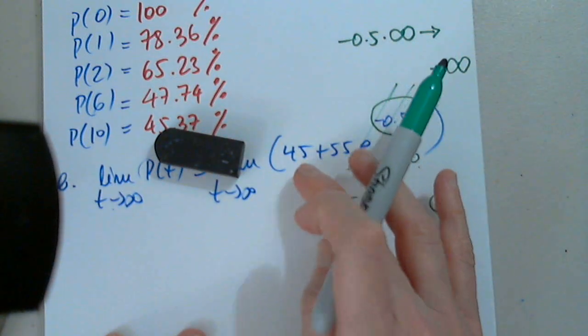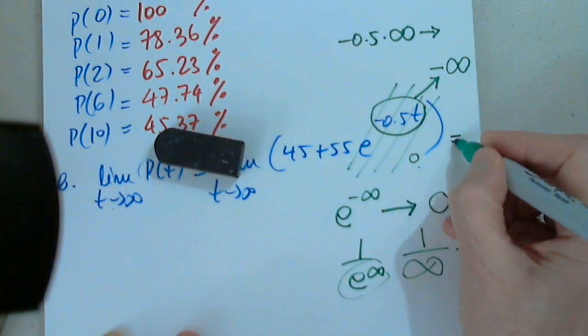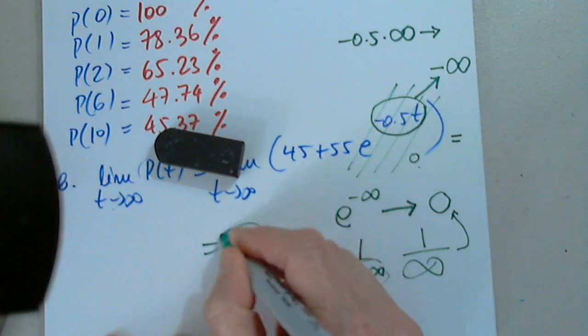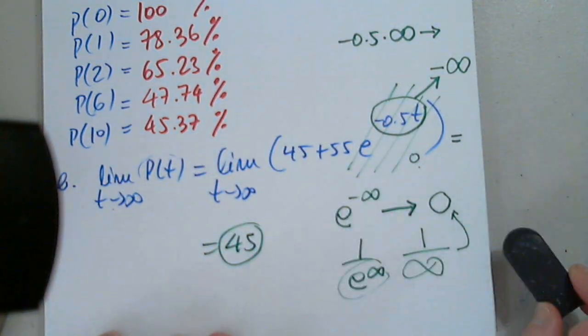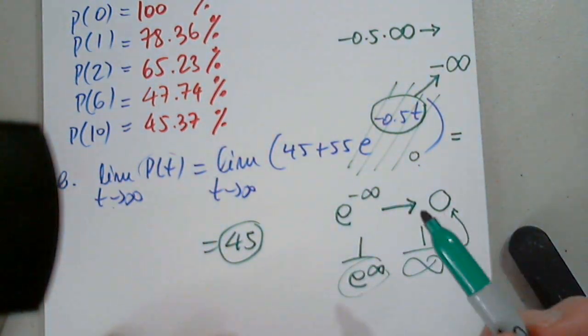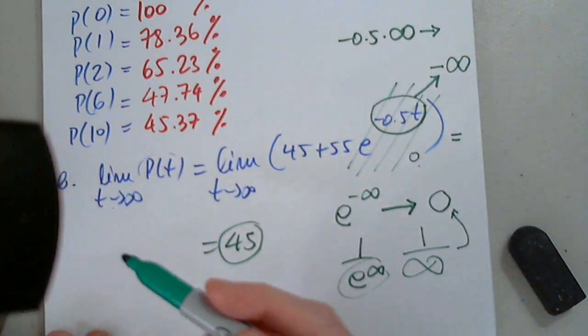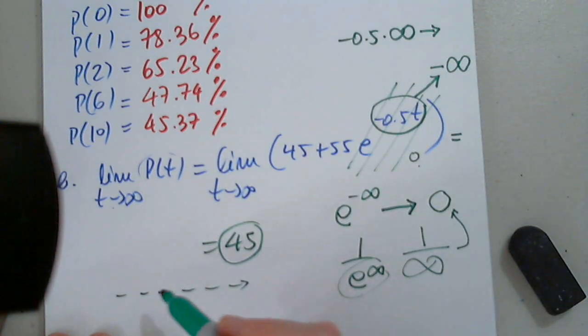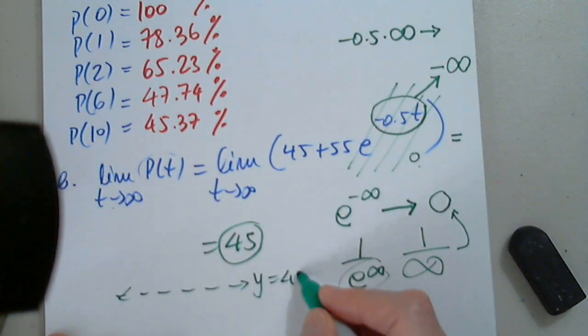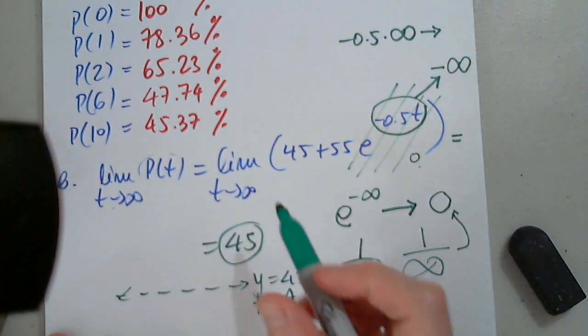Perfect. How much is 0 plus 45? 45. We're going to study this in chapter 3, coming up. When t approaches infinity, if the limit is a number, remember we said 45 is the horizontal asymptote at infinity.